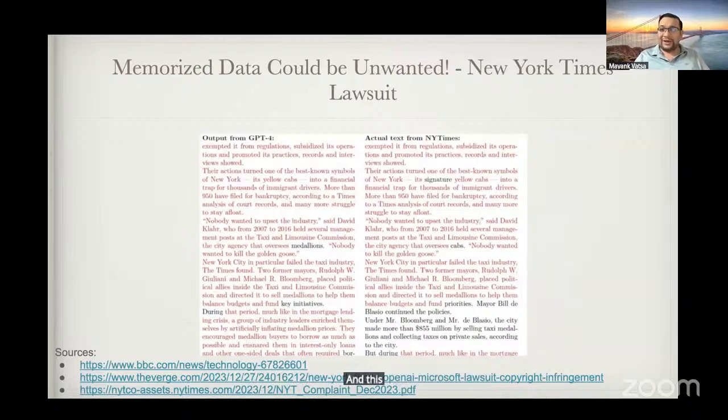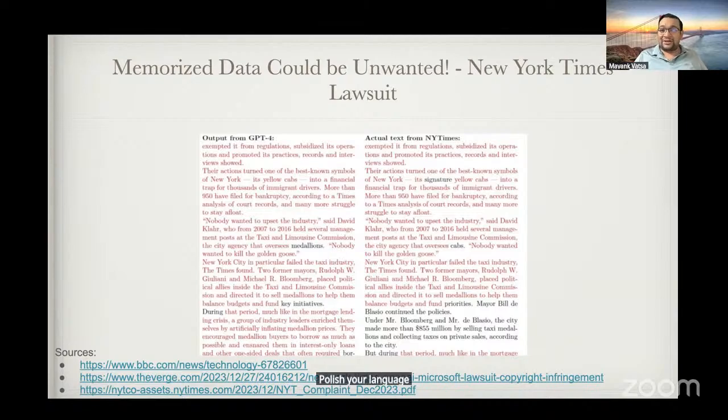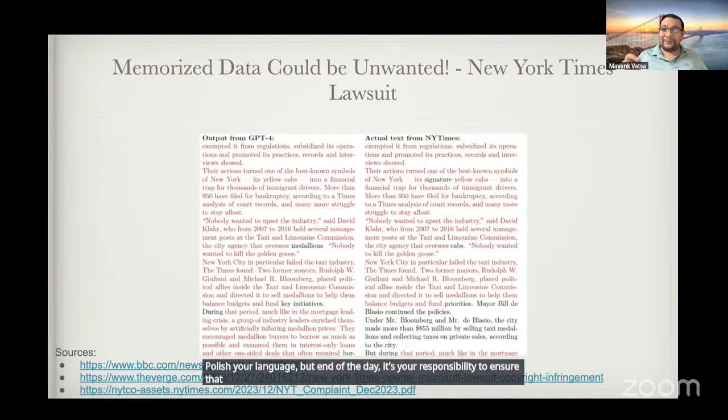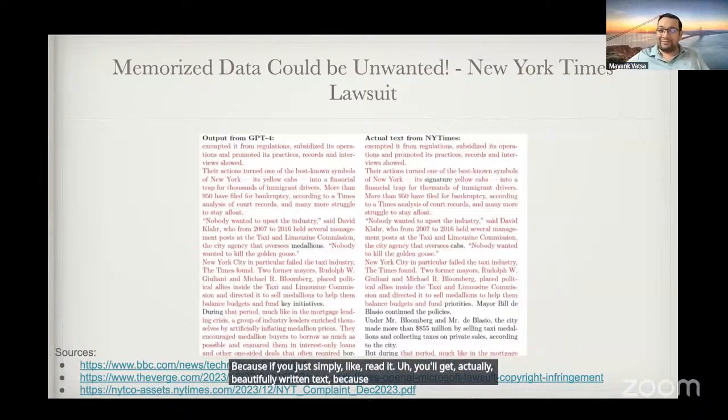And this is the reason why most conferences like NeurIPS and CVPR put a disclaimer that yes, you're free to use whatever model you want to polish your language, but at the end of the day, it's your responsibility to ensure that it is not plagiarized. Because you will get beautifully written text, since originally it was written beautifully by someone, a professional writer.